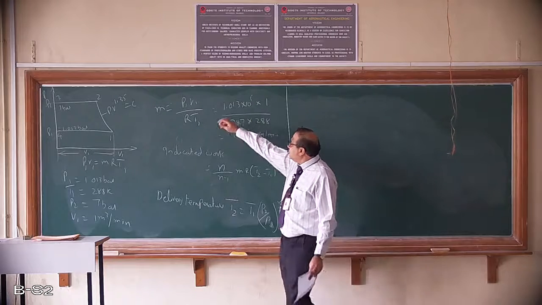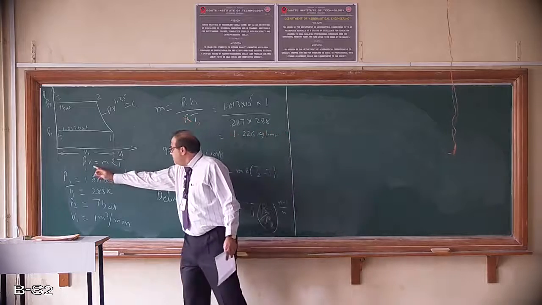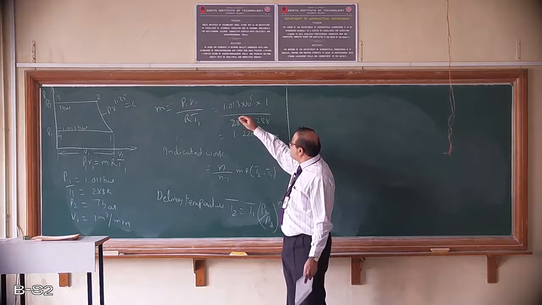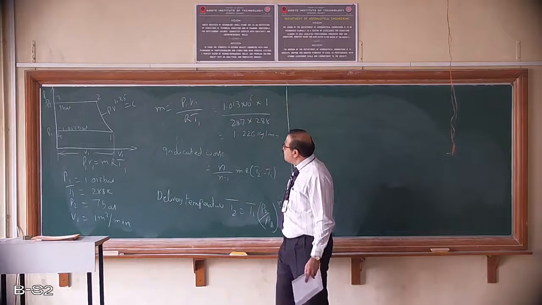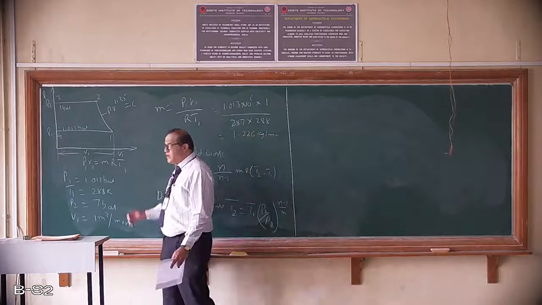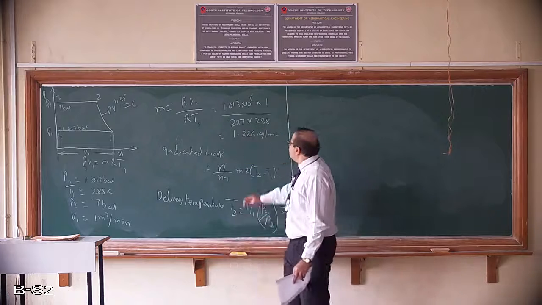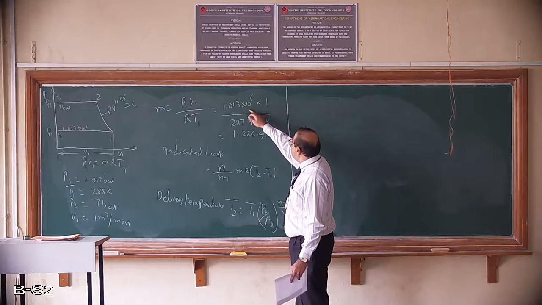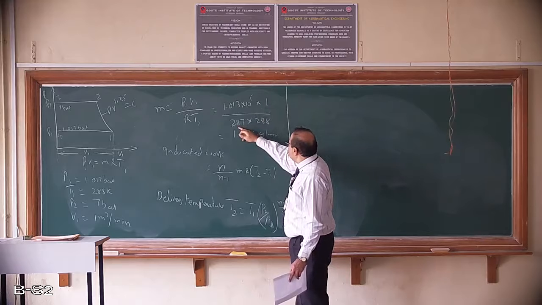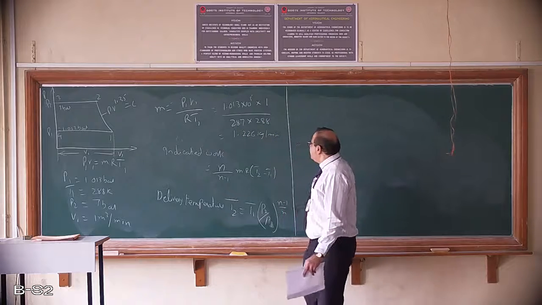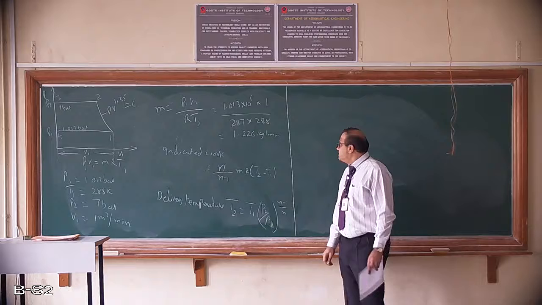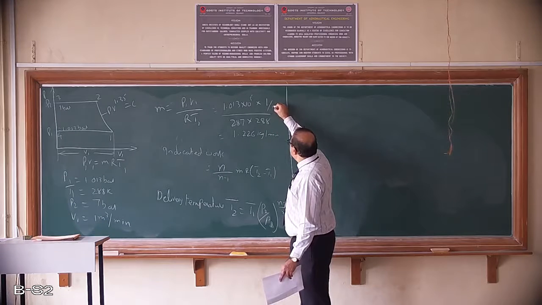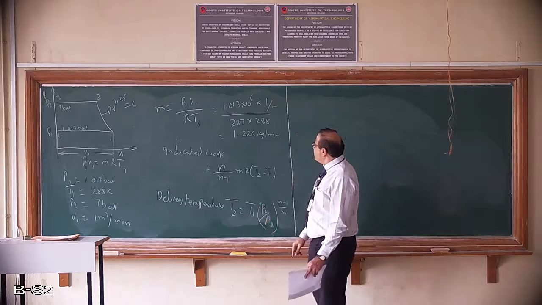But m we need to calculate from this equation. m dot, that is the mass flow rate of air: 1.013 into 10 to the power of 5, because this should be in pascals, into 1, divided by 287 into 288. So we get it as 1.226 kg per minute, because this is per minute.